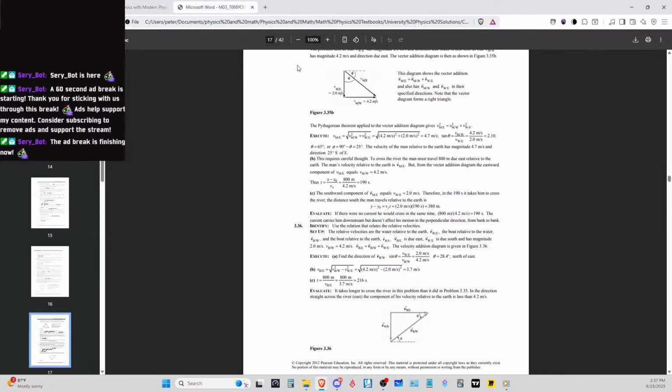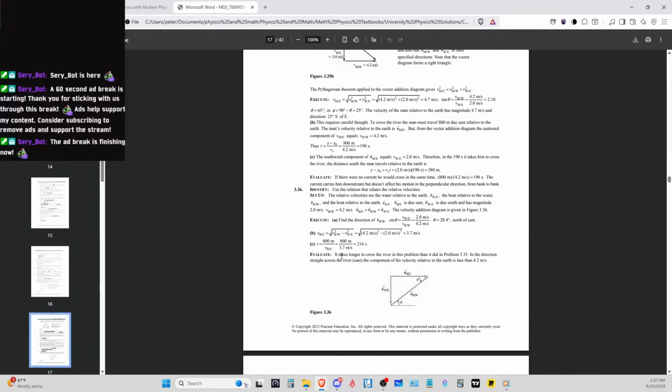Let's see, what do they say about this problem? It takes longer to cross the river than the previous problem, and yeah, that one I figured. In the direction, my thinking was right on that. It's just that it's less than, yeah.